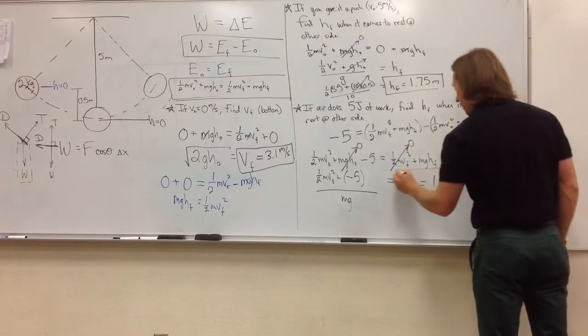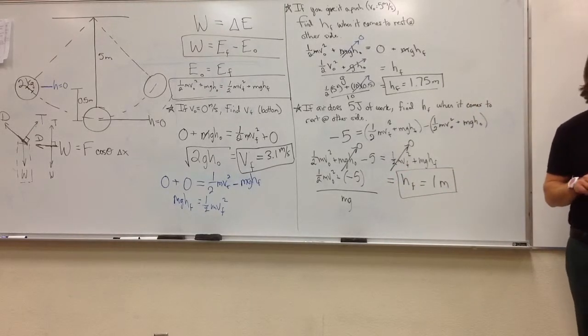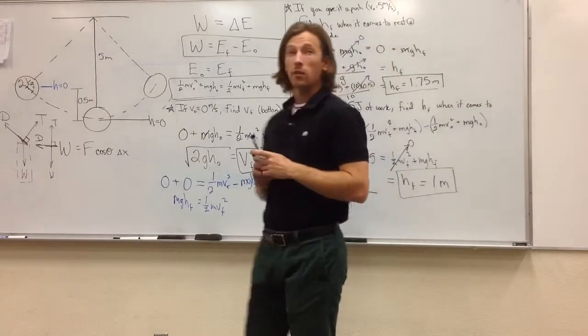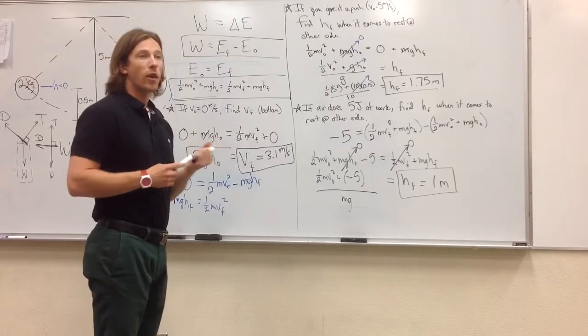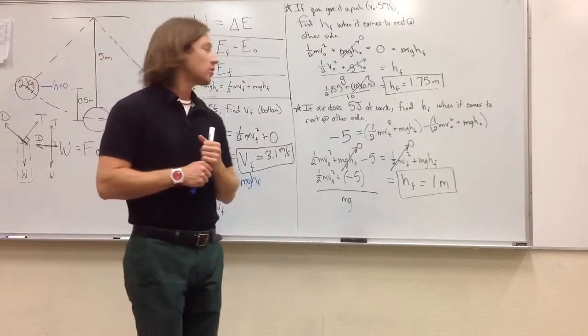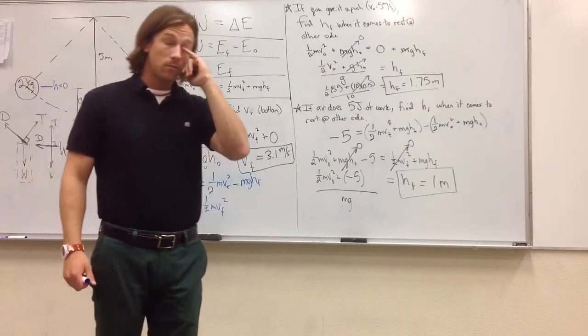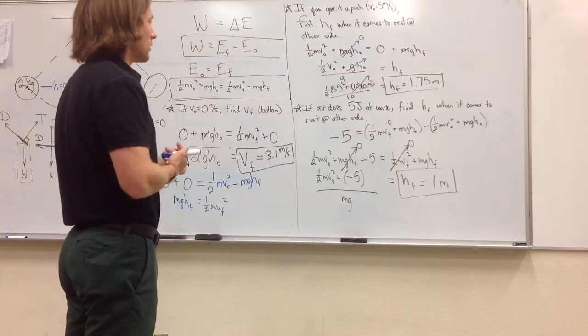Let's remember what that means though. What does that mean? 1 meter above what I called 0, which happened to be the initial height. So relative to the bottom, if I chose the bottom as h equals 0, what answer would I have gotten? 1.5 meters, right? Let's check our answer. Does that make sense?